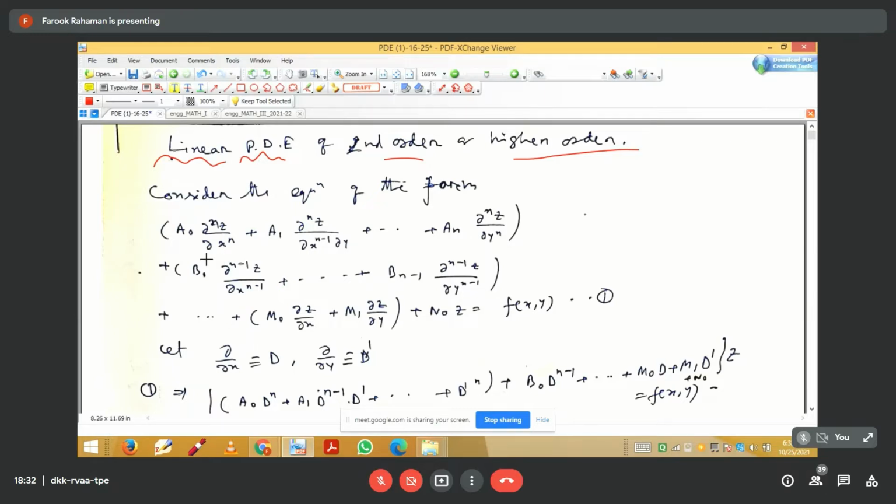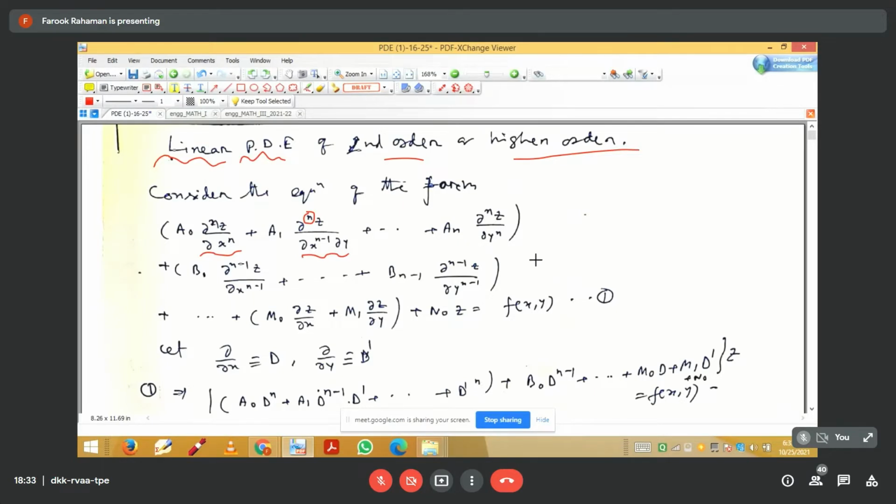We can see that the first term is nth order. This is also nth order because we differentiate with respect to x n minus 1 times and with respect to y 1 time. That means differentiation with respect to x and y combined is of order n.